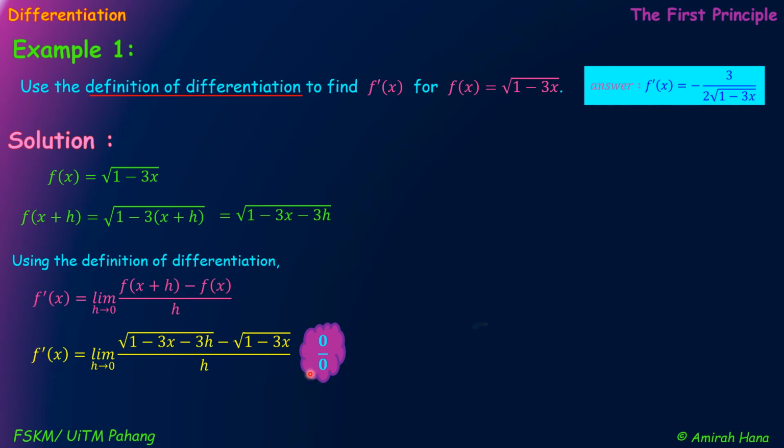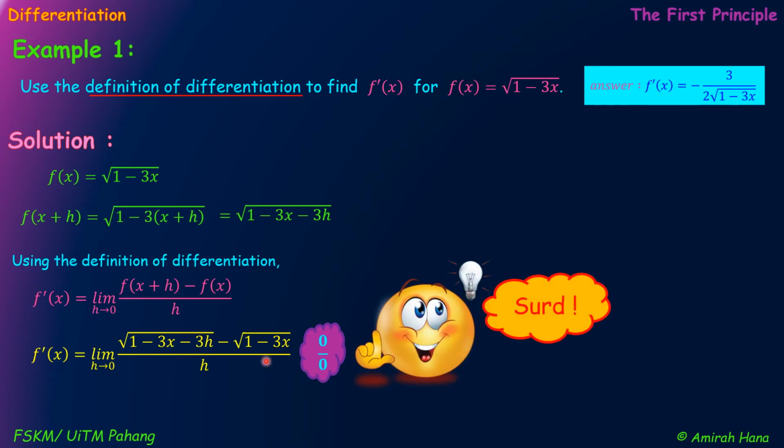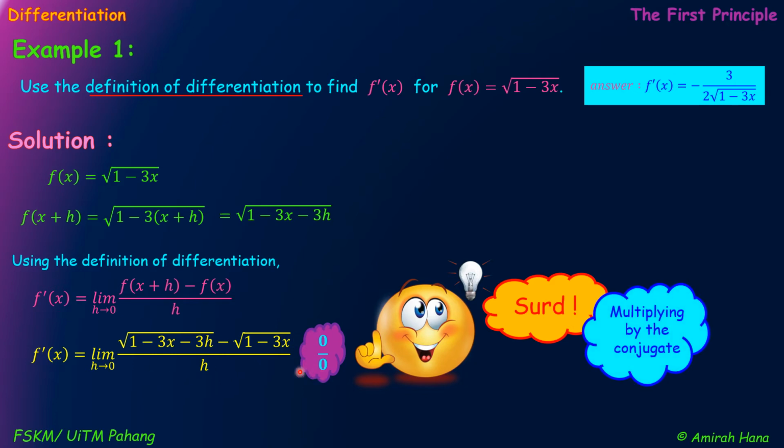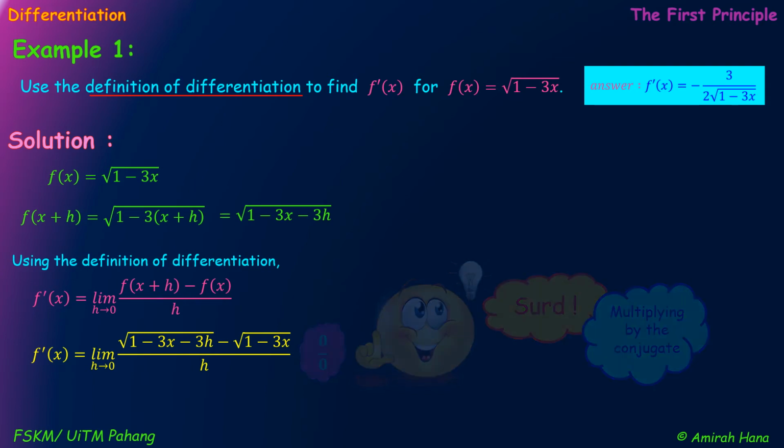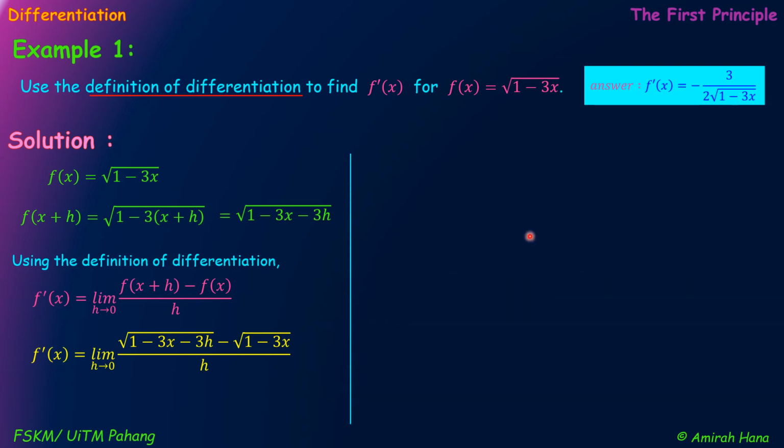So what should we do? In this function, we have the square root symbol. If the function is given in a radical symbol, and direct substitution gives 0 over 0, we need to multiply by the conjugate.